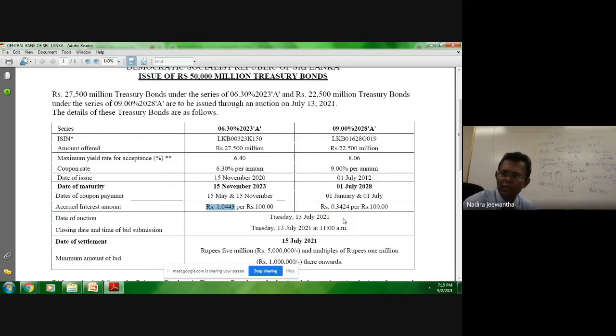Accrued interest comes only where previously issued. Why? Somebody should hold this particular instrument previously. Now, I have purchased this particular instrument on the 2nd of September. But somebody was holding this instrument before that. It is not a fresh issue. This treasury bond was not issued on the 2nd of September. Previously somebody was holding this particular bond. Previously issued, then obviously you should have accrued interest.